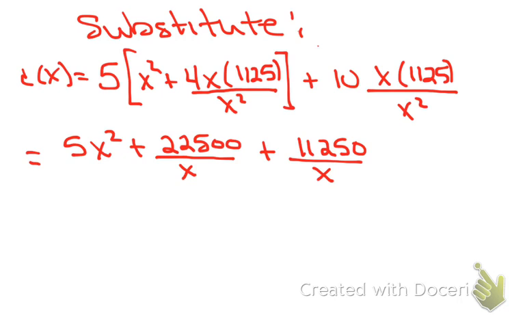If we multiply through, we get that 5x squared plus 22,500 over x plus 11,250 over x is equal to the cost.